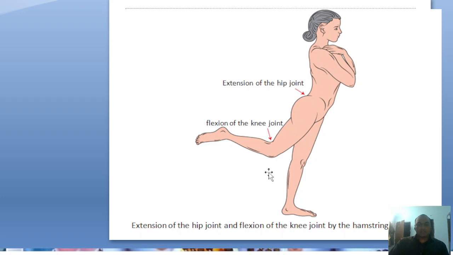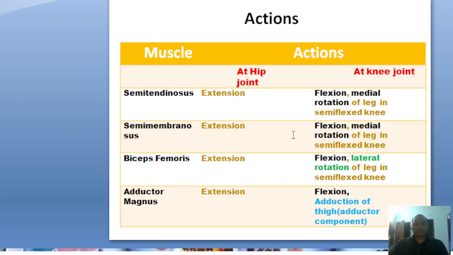This diagram shows the action of hamstring muscles: flexion of the knee joint and extension of the hip joint. So this is the action of all hamstring muscles, at hip joint and at knee joint.